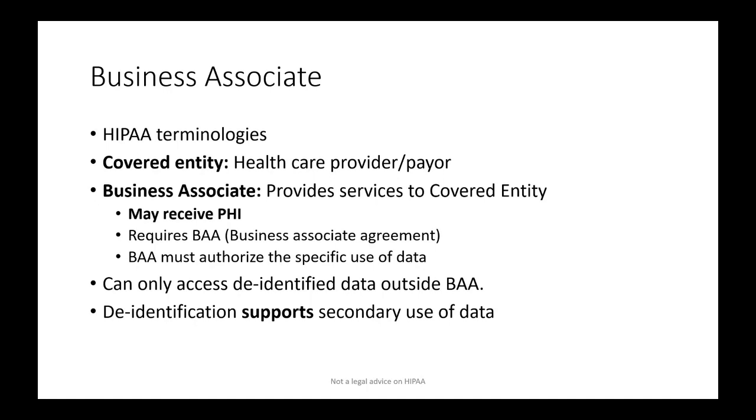And the good thing is HIPAA also tells you how you can go about de-identifying data. They prescribe that, and we'll talk about it. So in a way, de-identification supports secondary use of data. It makes the data more easily available, but that doesn't mean that you must de-identify the data in order to do research. You can do research under a BAA also.